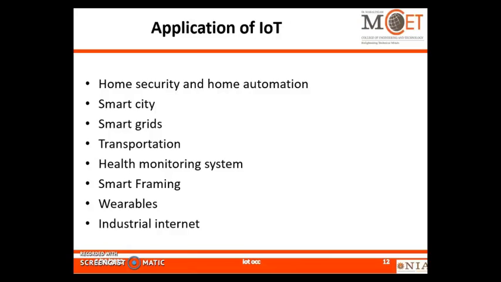Coming to the health monitoring system, it plays a vital role in the medical field. Let us take an example of a BP patient. His pulse rate and BP have to be continuously monitored. So what can we do? We can put a smart watch on his hand.